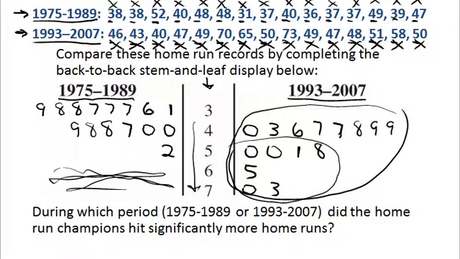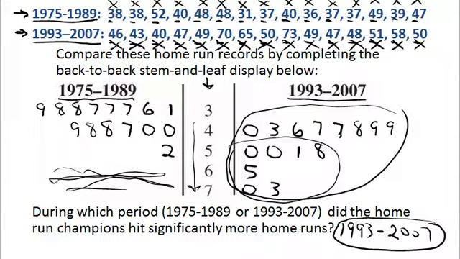So the answer, of course, would be, just by observation, that the 1993 to 2007 period definitely has a significant number of home runs in its favor.